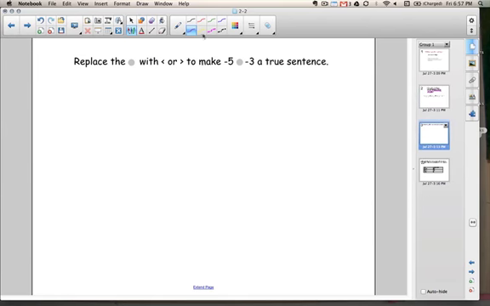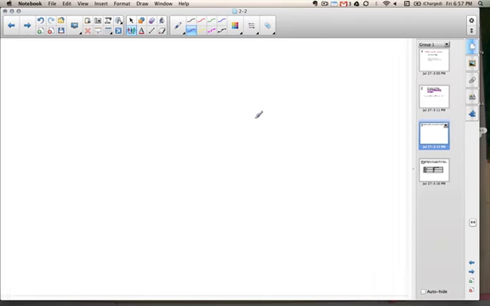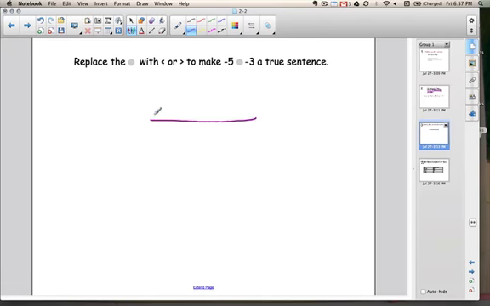So here's an example for us to do. We're going to replace this gray circle with a greater than or less than sign to make this statement right here true. -5 and -3. So what we might want to do is make a number line. And in my last lesson I talked about when you make a number line, it doesn't have to be a perfect number line where we get a ruler out and space everything out perfectly.